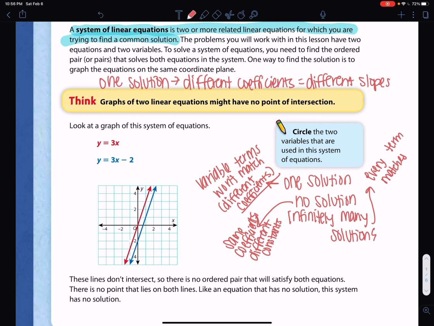And again, the slopes could be anything. It's not like they have to be opposites or perpendicular or parallel. We can just say they have different slopes.